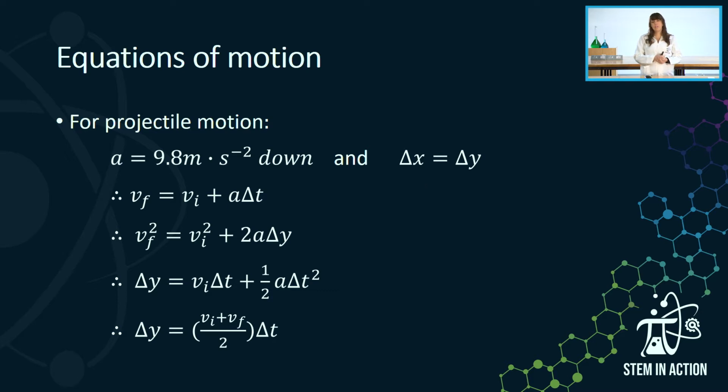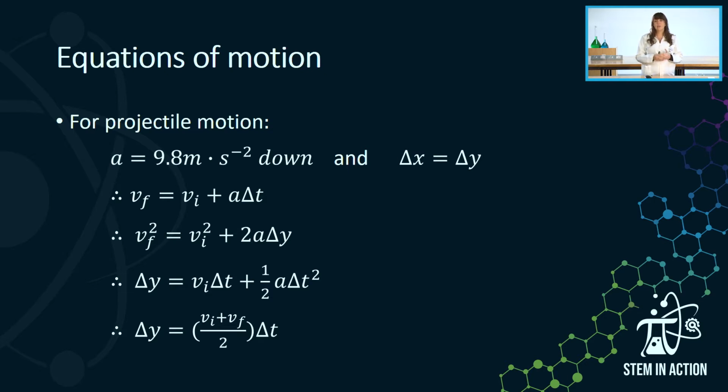When we dealt with equations of motion in grade 10, we dealt with them in a horizontal plane. Now we are moving to a vertical plane. So a couple of things that we need to be aware of. Acceleration is always the acceleration due to gravity, so it is always equal to 9.8 meters per second squared down.